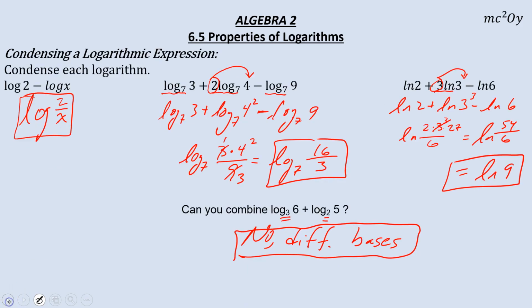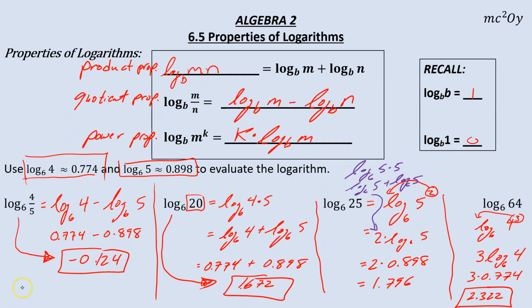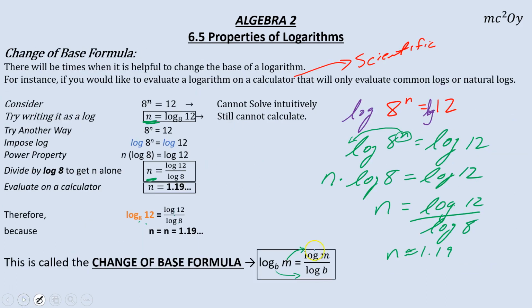Notice that division just has a single log, whereas the change of base, you have log over log.